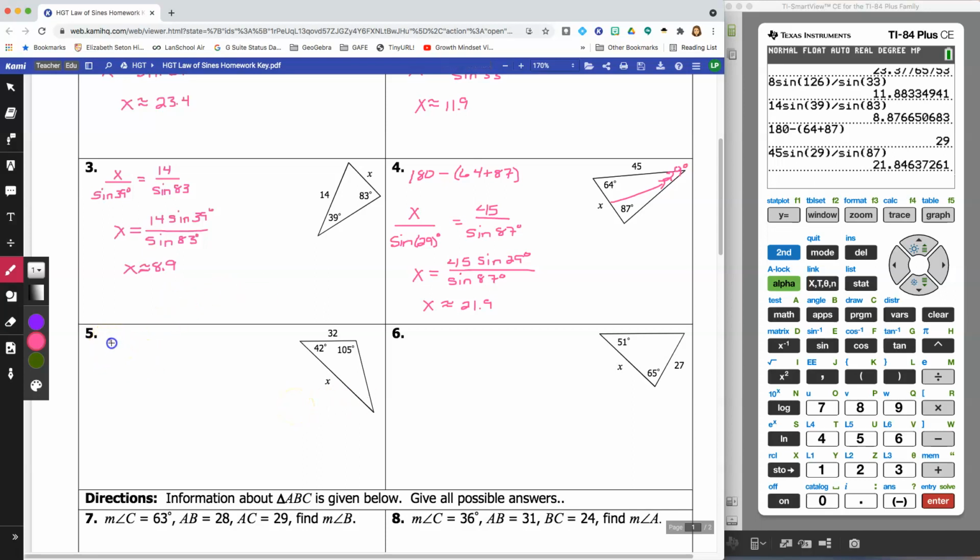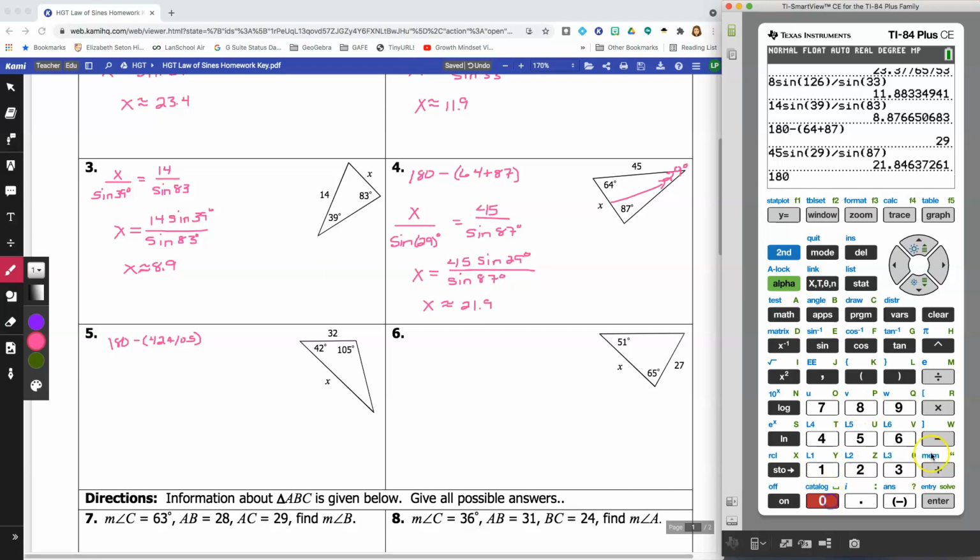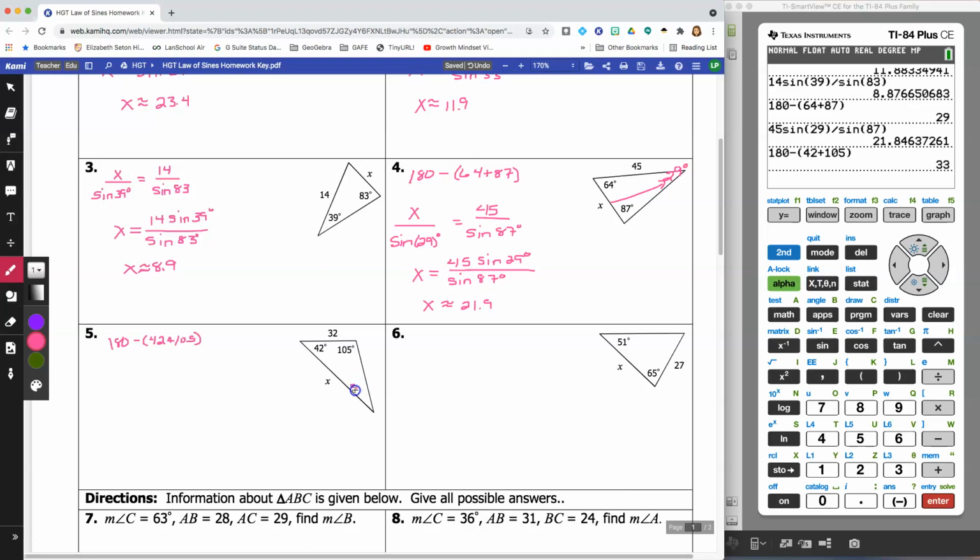Remember again, that's 180 minus the sum of the other two angles. So 180 minus the sum of 42 and 105. So this angle that I'm looking for is 33 degrees.